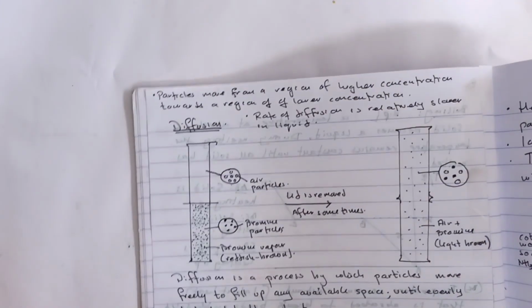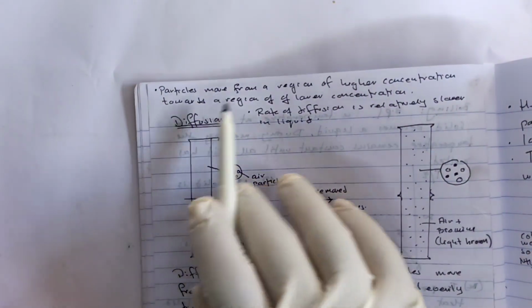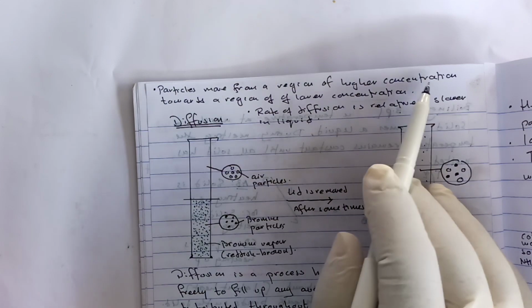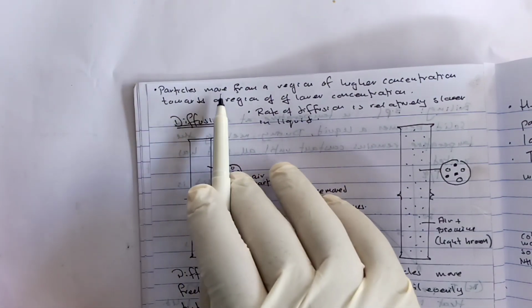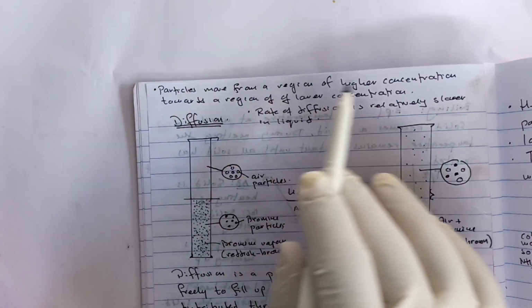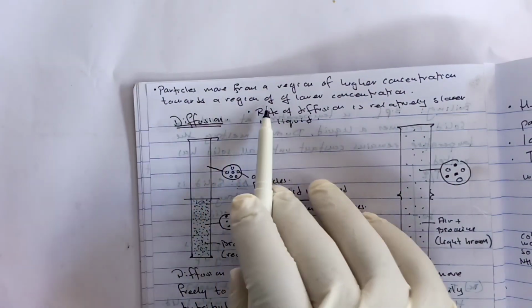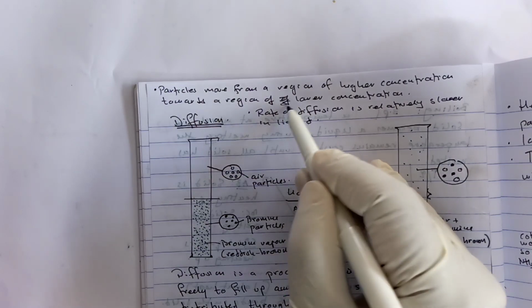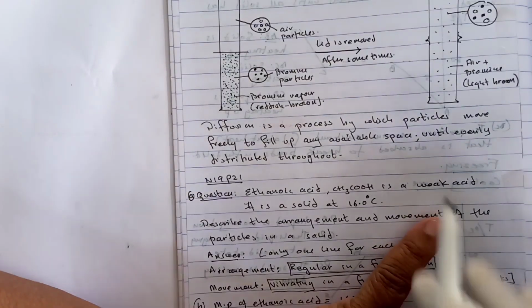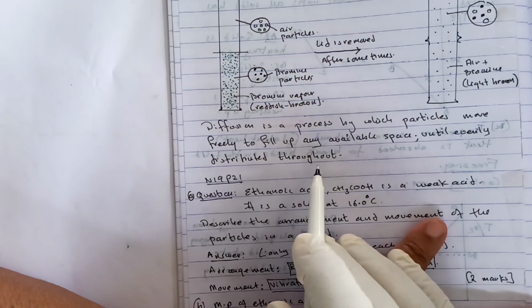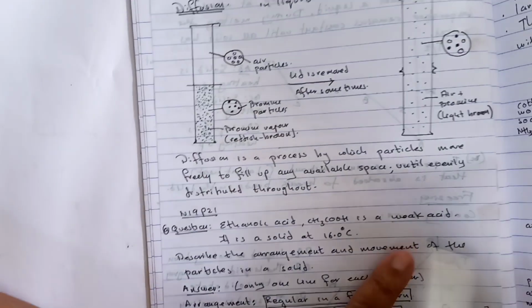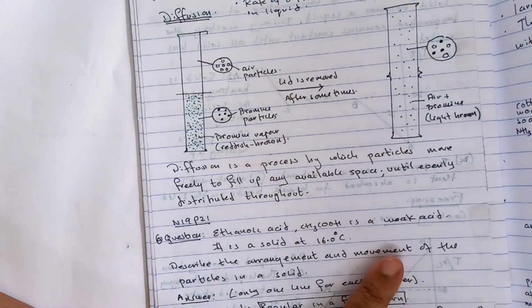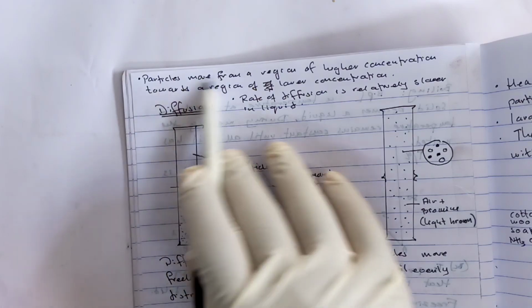Another definition is that in diffusion, particles move from a region of higher concentration to a region of lower concentration, until evenly distributed throughout. You can either give this definition or this definition.